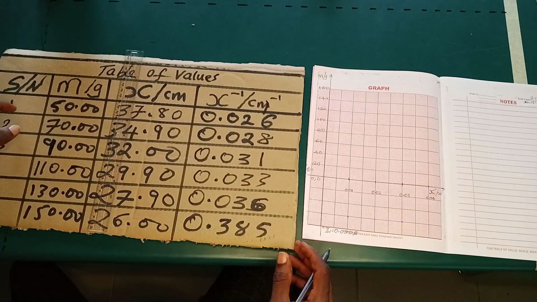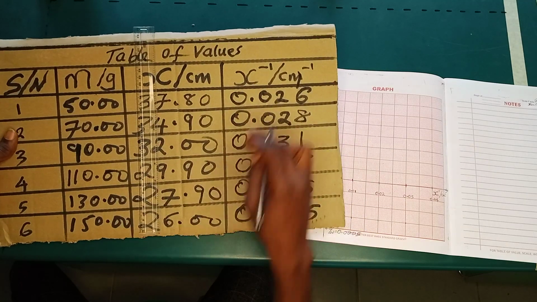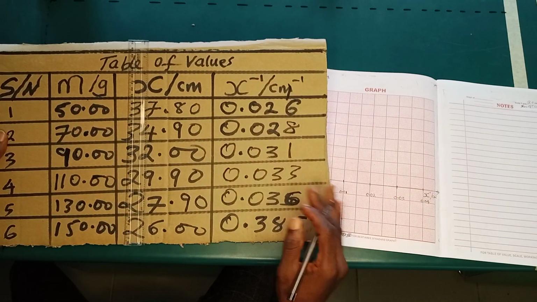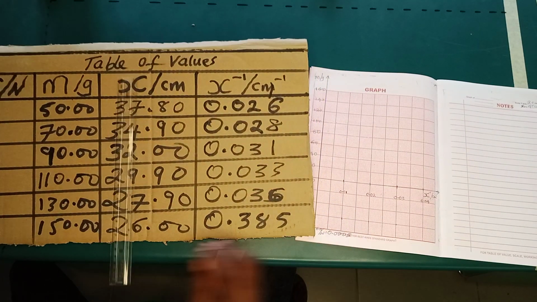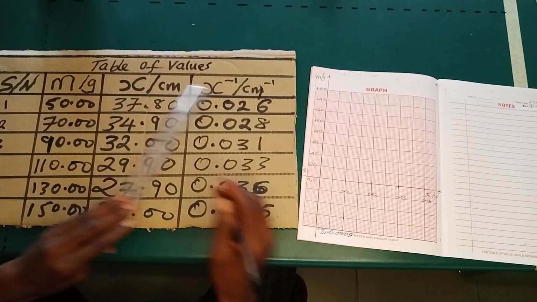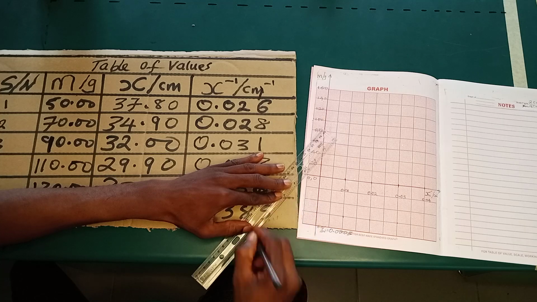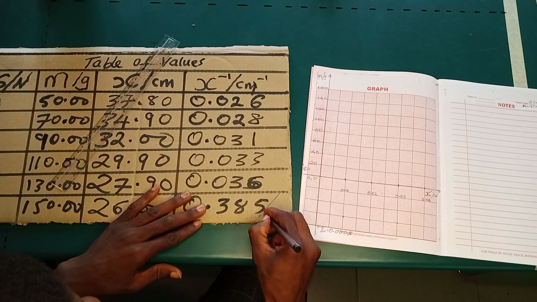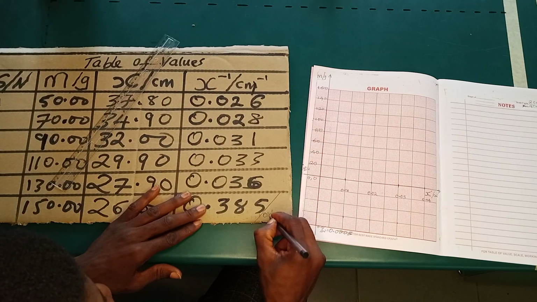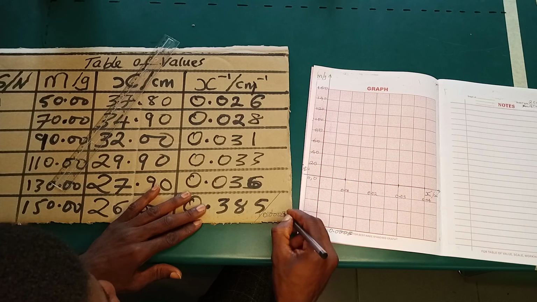Now, this makes it very easy to plot graphs of this nature. These are the most dangerous graphs to plot in physics. So we are going to divide everything here by 0.0005.